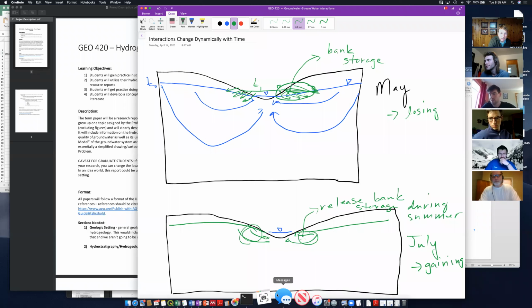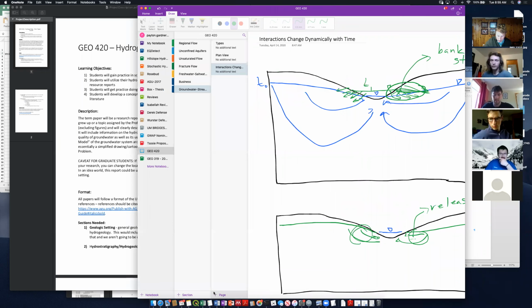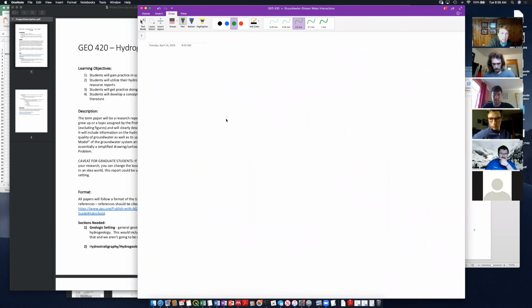The other thing that's important to think about is that they change, especially with streams, interaction type changes in space.